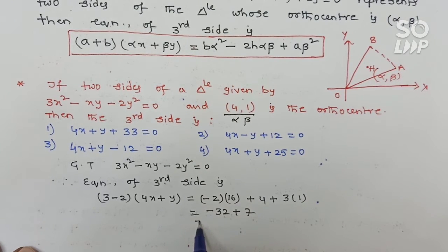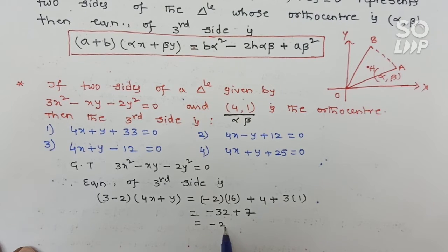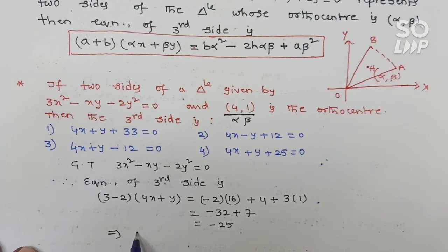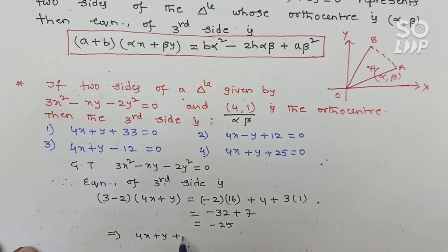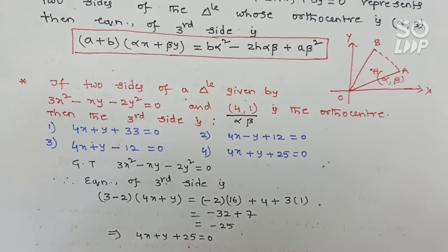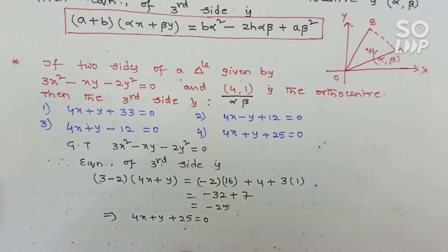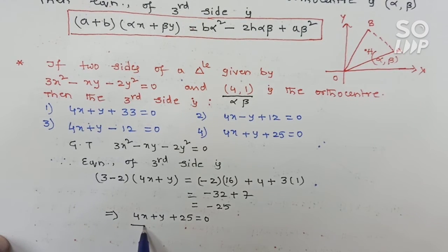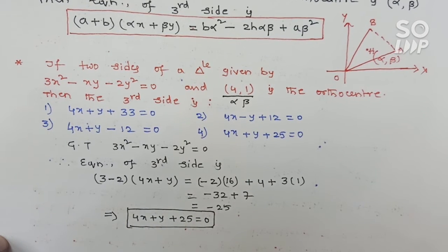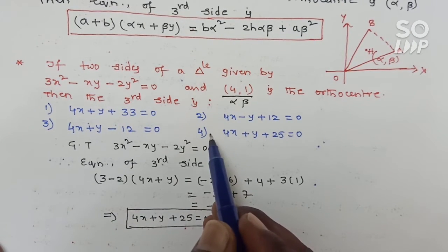Taking it to the left-hand side, the equation becomes 4x plus y plus 25 is equal to 0. So your answer is that the equation of the third side is 4x plus y plus 25 is equal to 0. The fourth option is the correct answer.